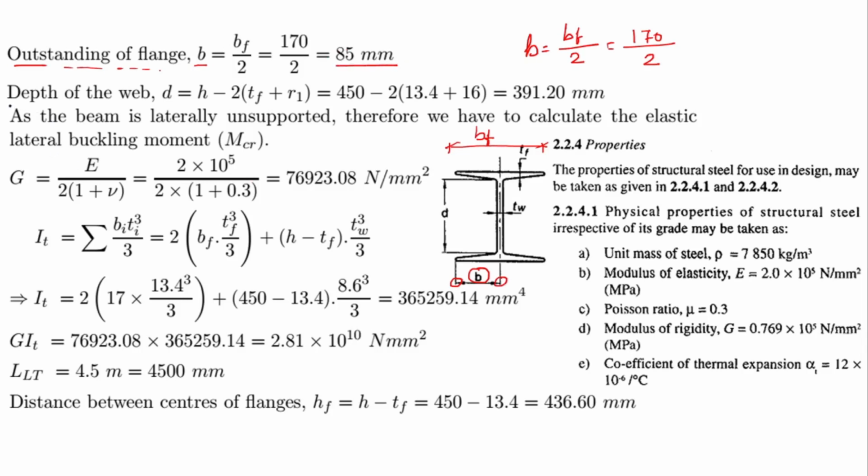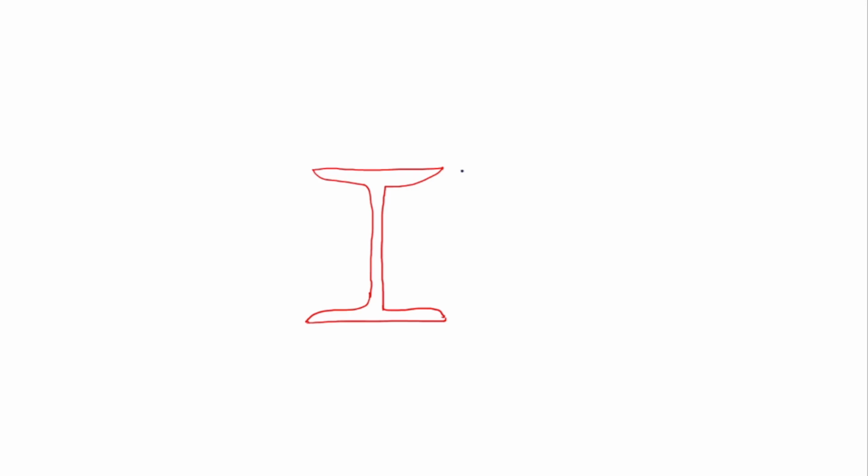Now you have to calculate depth of the web denoted by small d. If you see this figure, this is a typical I section, and here small h is the total depth of the I section. Here the thickness of the flange is Tf.